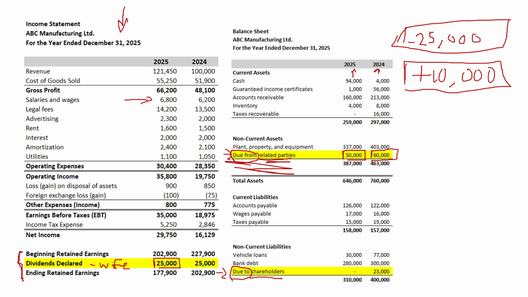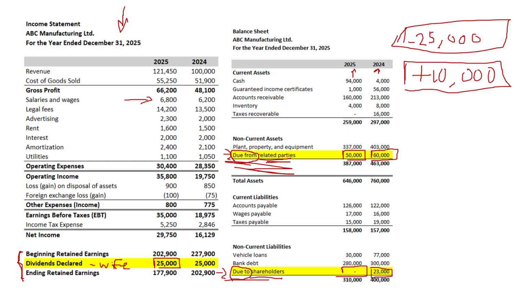And then down here we have due to shareholders. This is how much you owe the shareholders, or this company owes its shareholders. Or you can think of it as the amount that you owe Joe. So last year, the company owed $23,000, and this year they owed nothing.